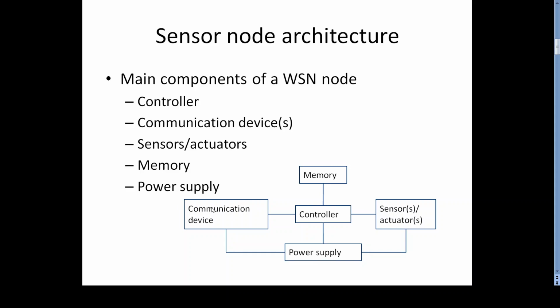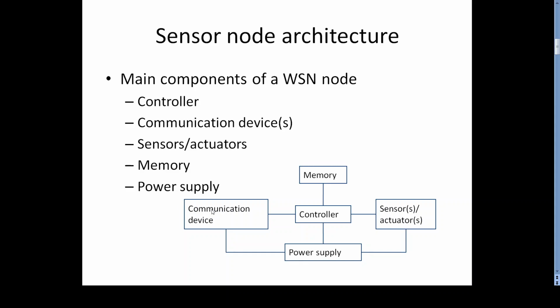Next we have the communication device. It makes the node capable of communicating wirelessly, as we are using a wireless sensor network.